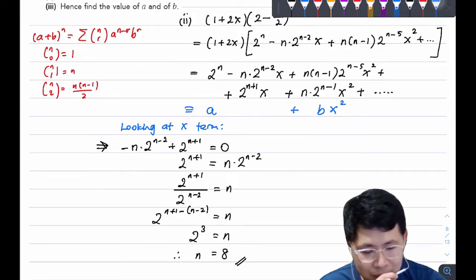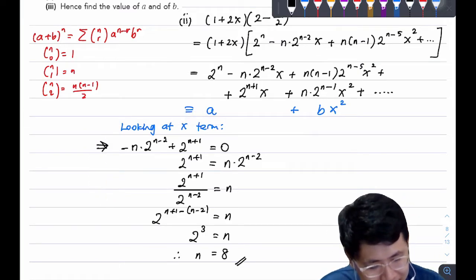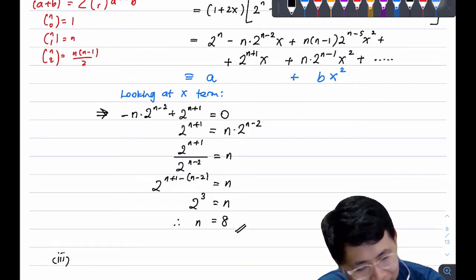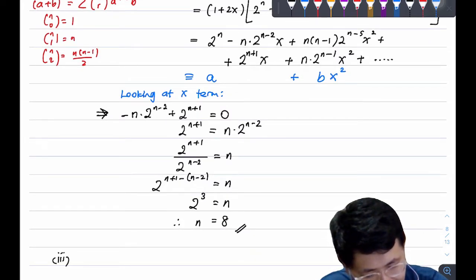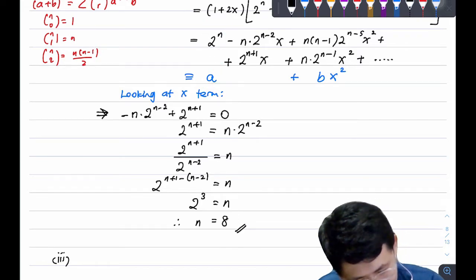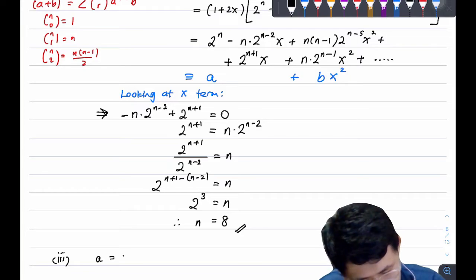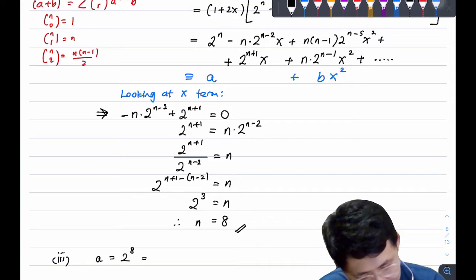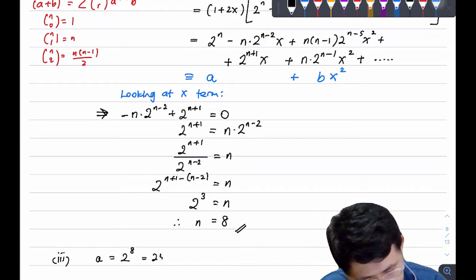So this is part 2. And using this, now I can find the value of a and b. The value of a and b is just a simple comparison of this term and this term. So a is going to be equals to 2 to the power of n, which is going to be equals to 256.